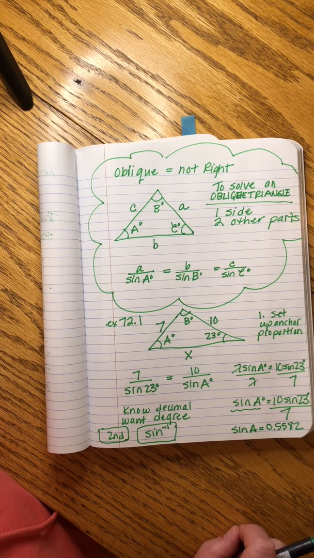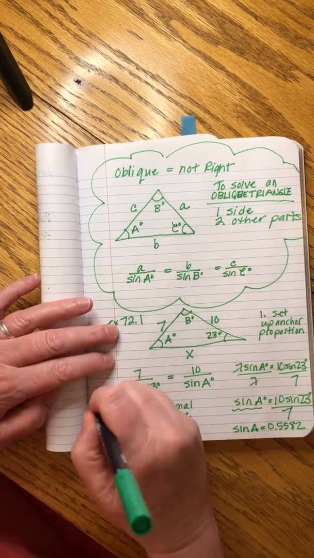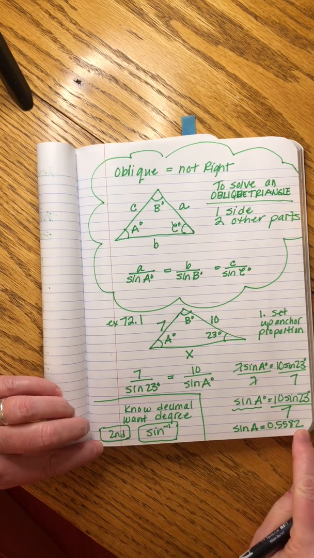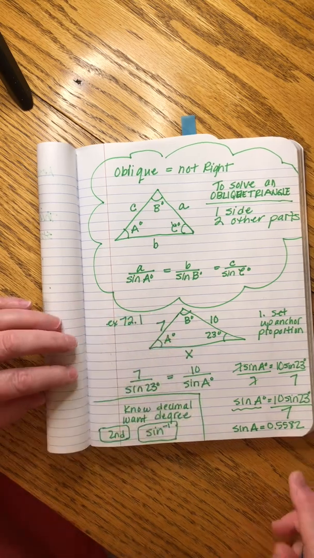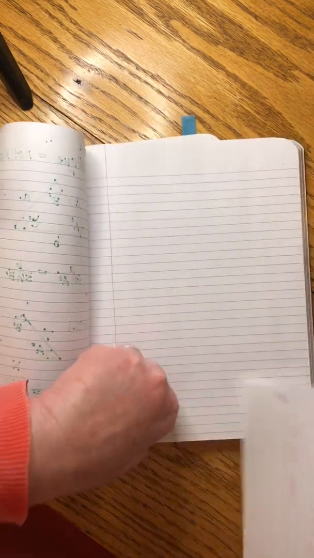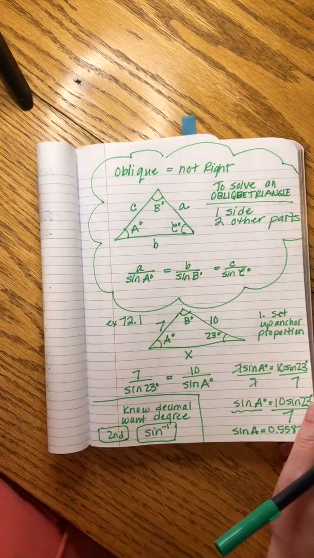Now, we use this situation. We enter 0.5582, then we hit second and the inverse sine button. Let me give you a second to work that.